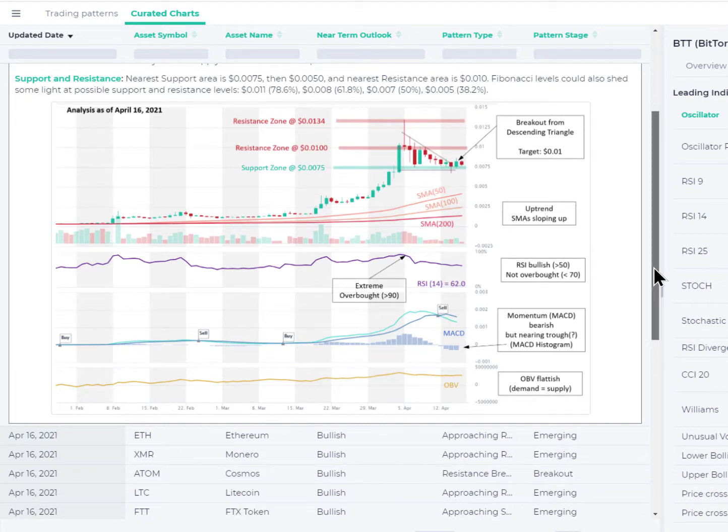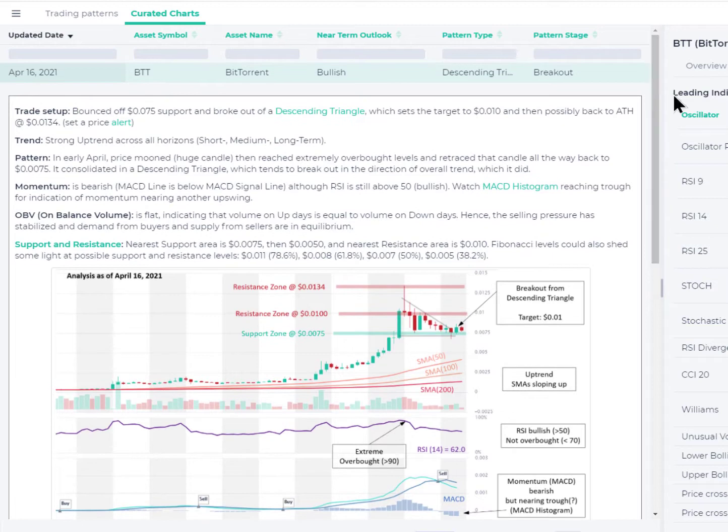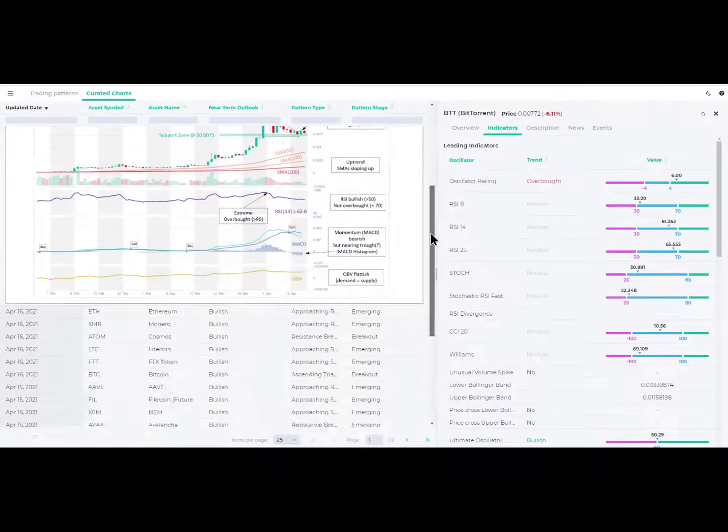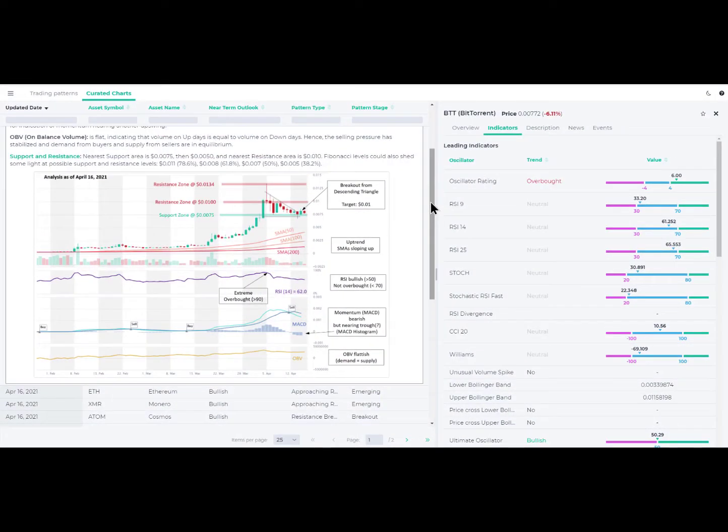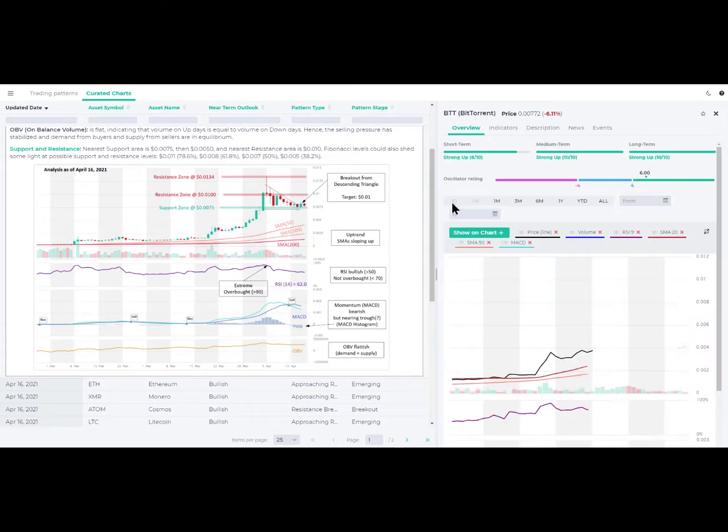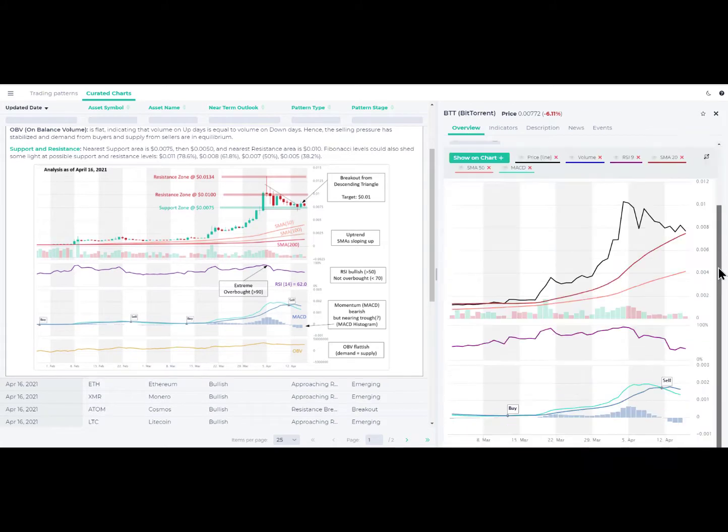In this case, it's a breakout from a descending triangle. Now, I always suggest that you check the current state of affairs and look at the price, whether the price and some of these indicators are still where they were when we analyzed them. Is the price still approximately where it was? Yes. It hasn't reached the target. Yes.